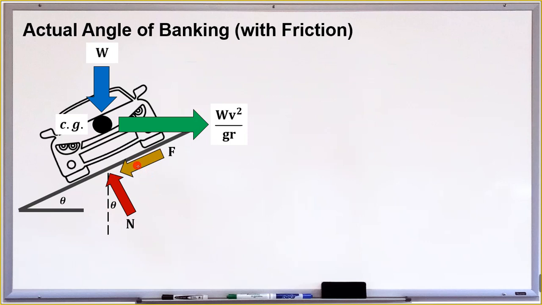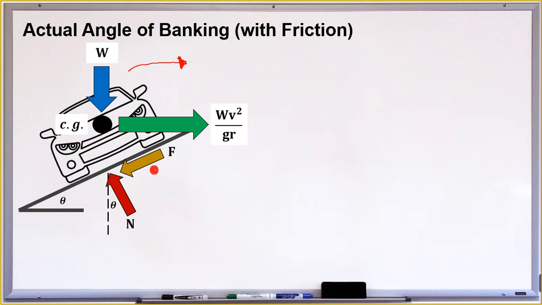And then since what we are preventing here is the car skidding away from the center of the curvature, our assumption is that it will not move outward.